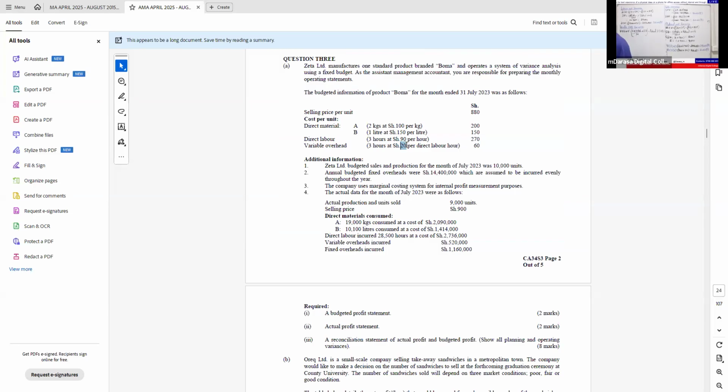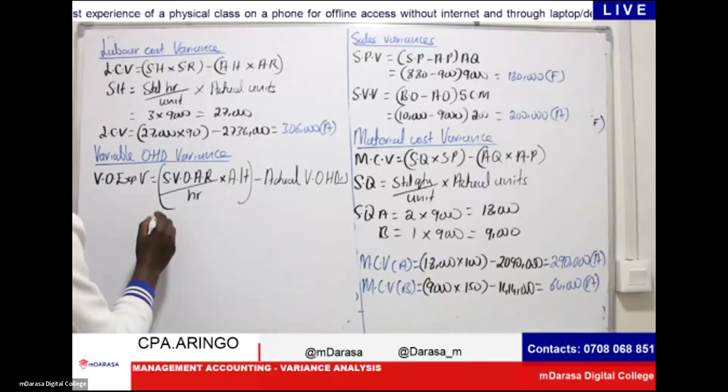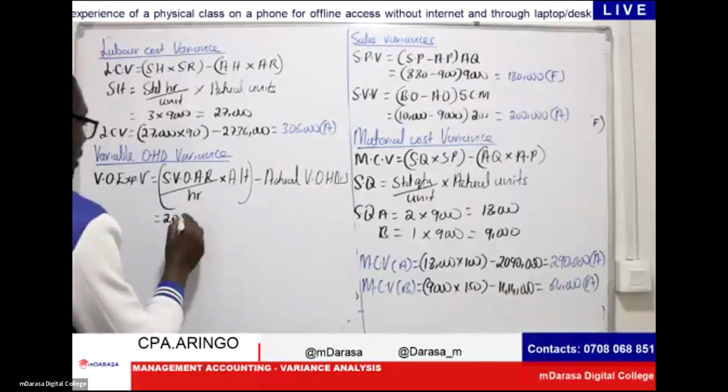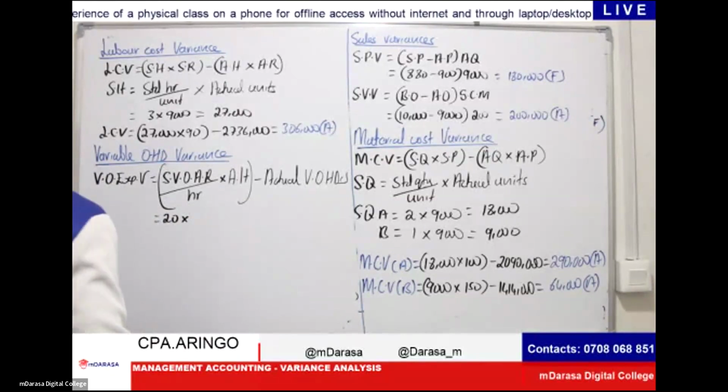So this was the absorption rate per hour; 20 was the absorption rate per hour. You take our 20 per hour and multiply by the actual hours.